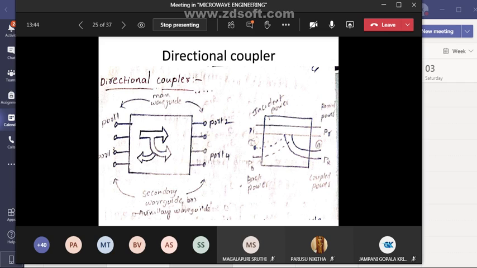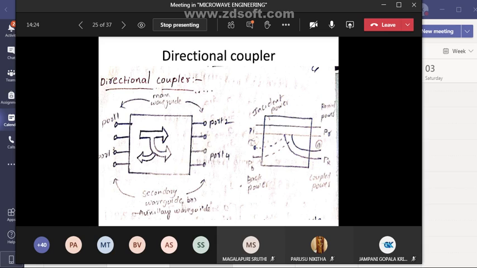Similarly, the portion of power traveling from port 3 to port 4 is coupled to port 2, not port 1. The portion of power traveling from port 2 to port 1 is coupled to port 3 but not port 4.